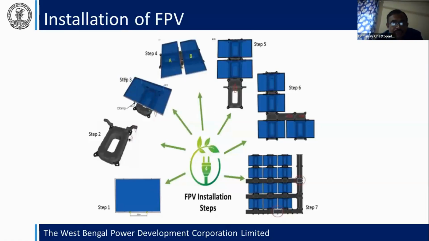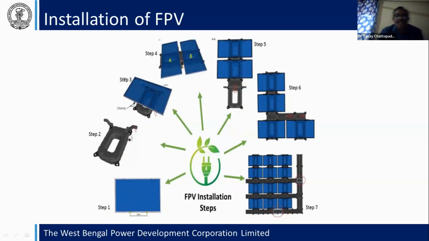That is, first taking the module and putting it on the main floater, and this is step 3, and cascading the two main floaters, also cascading this. You can make an array, and then it floats on the water.